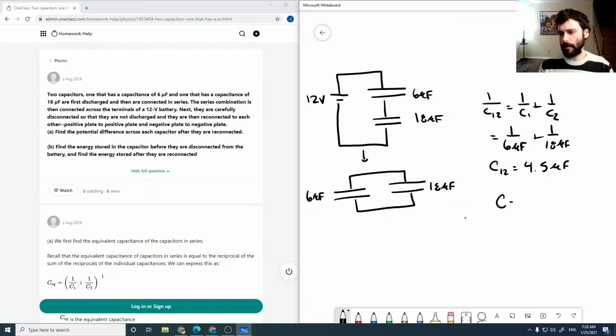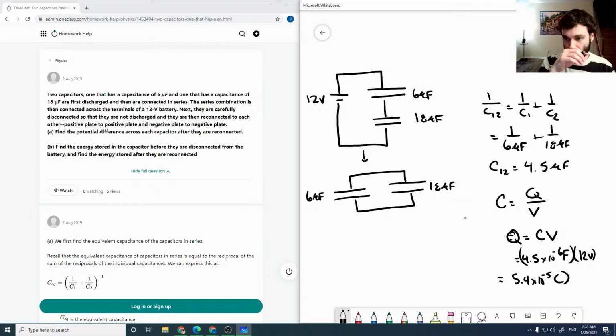Now our capacitance is the charge carried over the voltage. So our charge is capacitance times voltage, so 4.5 times 10 to the minus 6 farads times our voltage, which is 12 volts. So our charge comes out to be 5.4 times 10 to the minus 5 coulombs. And so this will be the charge carried by each device as they're in series.